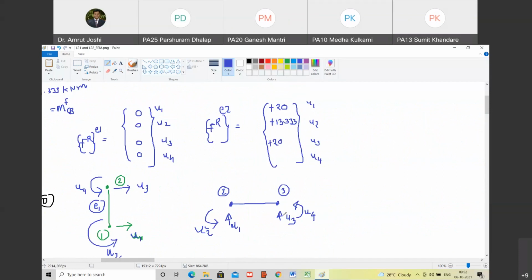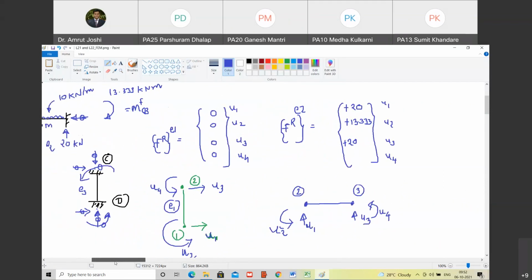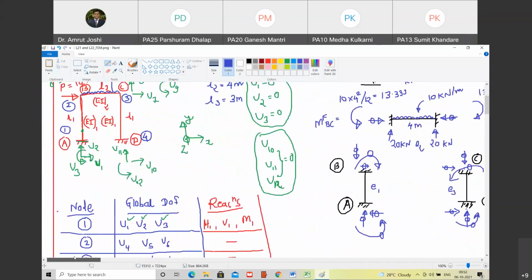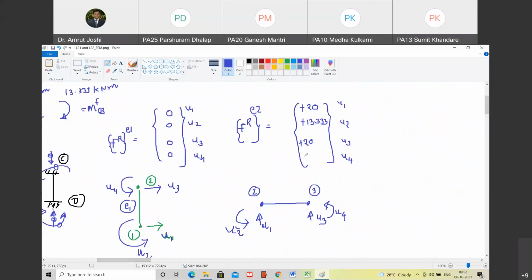Now, look at U4. U4 is shown as a rotational degree of freedom, anticlockwise, at 3. So at 3, that means at this C, what is the reaction? The moment reaction is 13.333, but it is clockwise. So I will have to write it as minus 13.33. Why? Because it is against the direction of U4, not because it is clockwise.